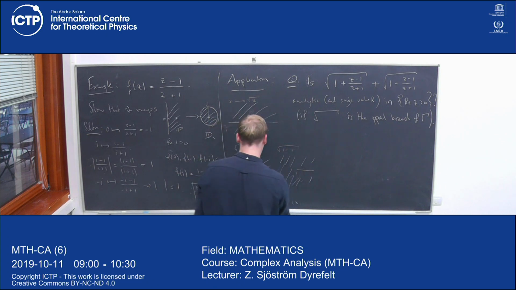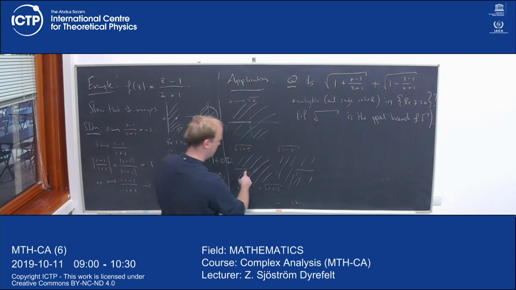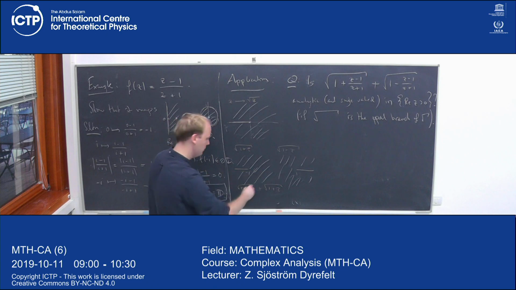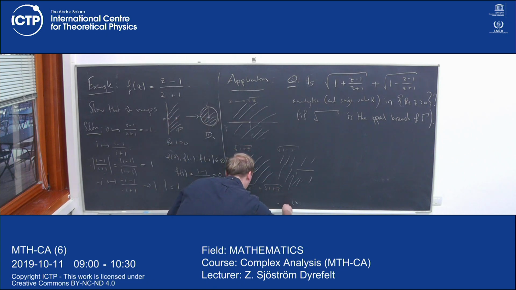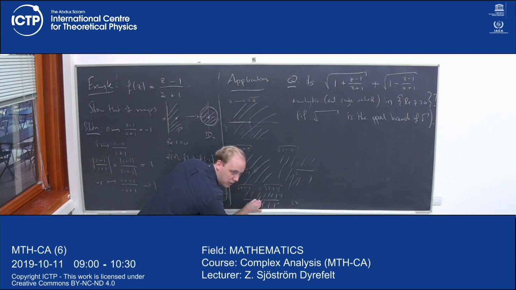So the sum, the square root of 1 minus z plus the square root of 1 plus z, is defined on the intersection of these two. So this is minus 1, this is 1, so it's defined on everything except these two lines. And in particular, if we look around 0, we can precisely fit the unit disk.